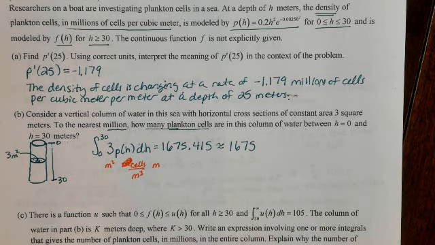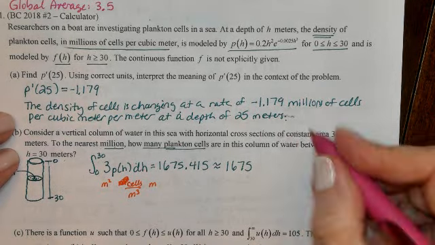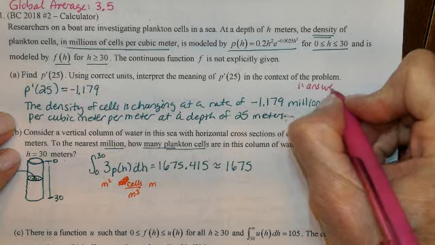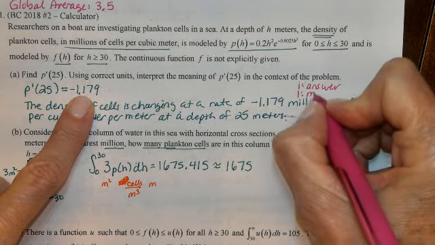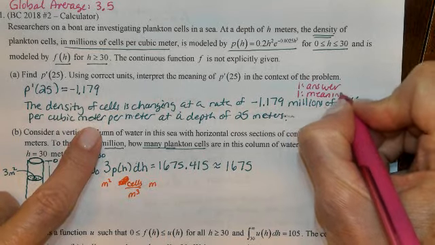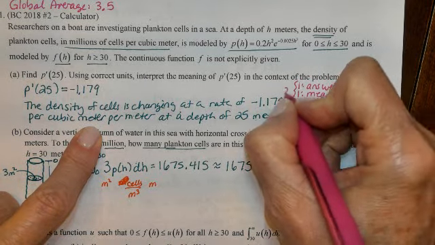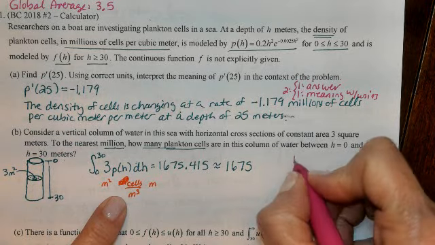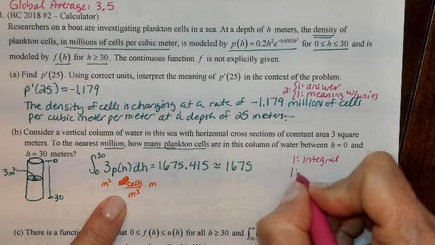So these two problems just now were each worth 2 points. This first one was worth 1 point for the answer, and 1 point for the meaning of that answer with units. This problem here was worth 2 points as well: 1 point for the integral, 1 point for the answer.